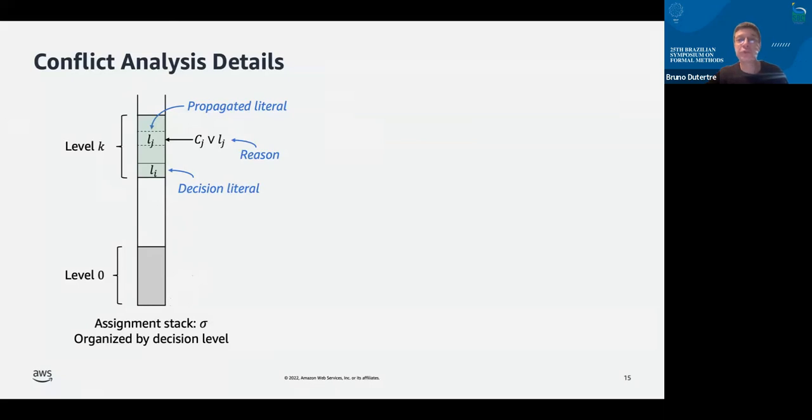And so let's see what happens when a clause is false. So here is an example of a clause that's false. Because we've organized the stack in levels, we can split the clause into two parts. The part that contains only literals of level K and everything else as level less than K. And because of the way the CDCL works, this level K side here will have at least two literals.